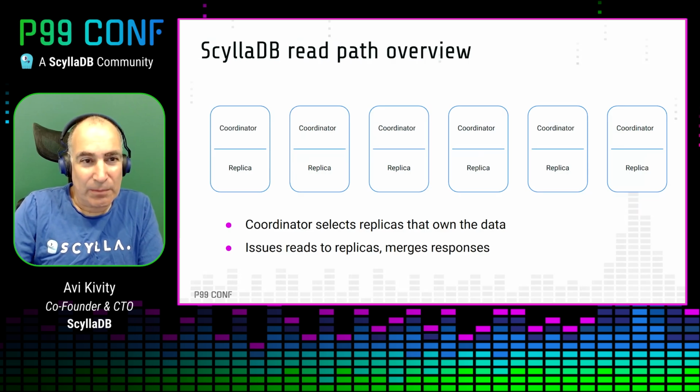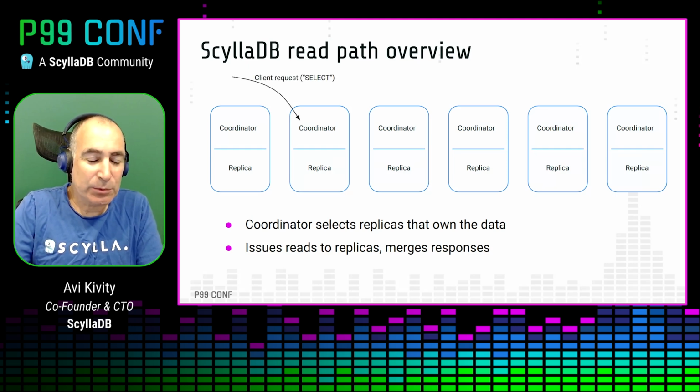So let's talk about the ScyllaDB read path. Again, this is an overview. ScyllaDB has a symmetric architecture where all of the nodes have the same roles. There's no metadata node or data node. So all of the nodes are symmetrical. And each node has two roles. One is as a coordinator, where it coordinates queries, and a replica manages the actual data.